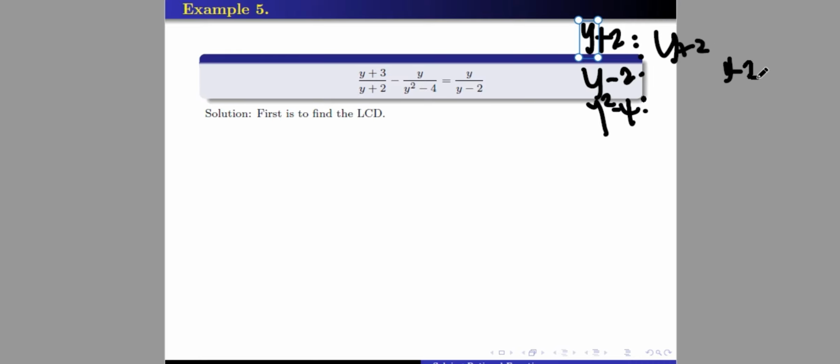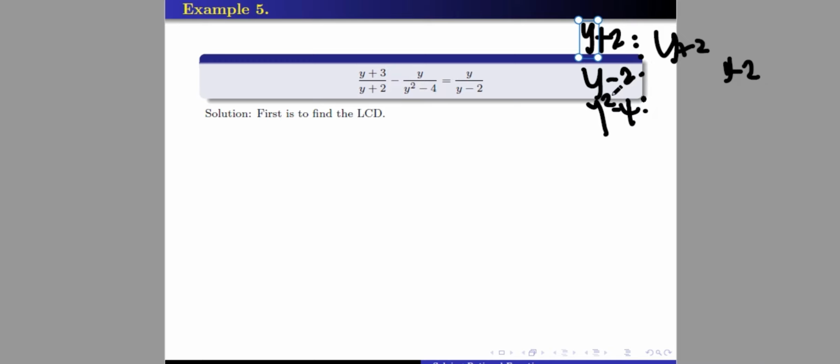Okay, example 5. So again, we'll write all the LCD, at the denominator to find the LCD. And y squared minus 4. So these two are non-factorable, so y plus 2, y minus 2.